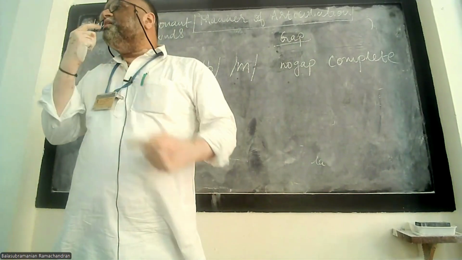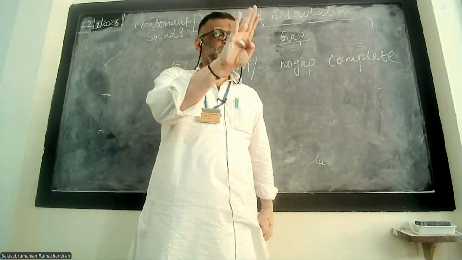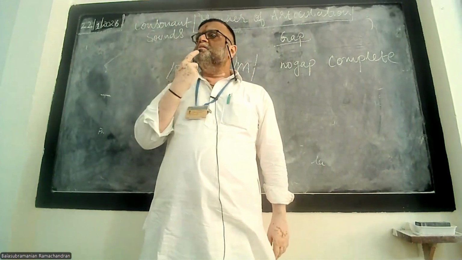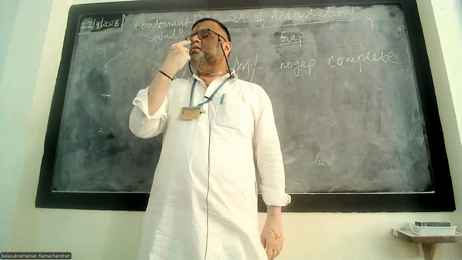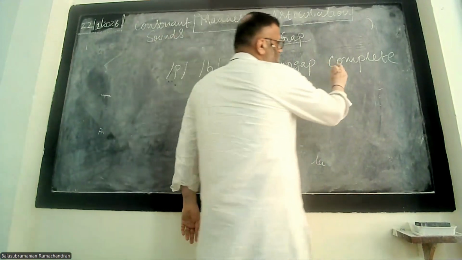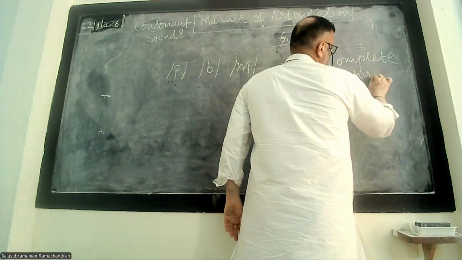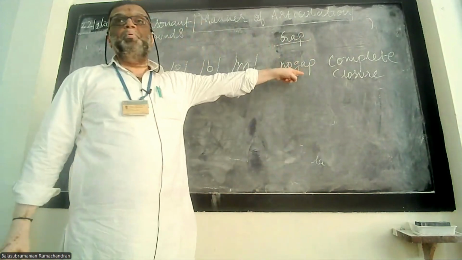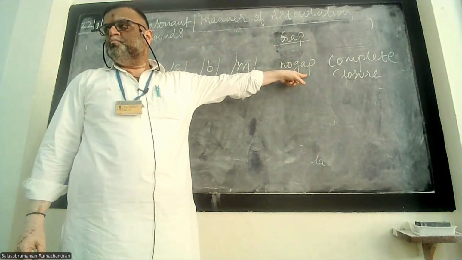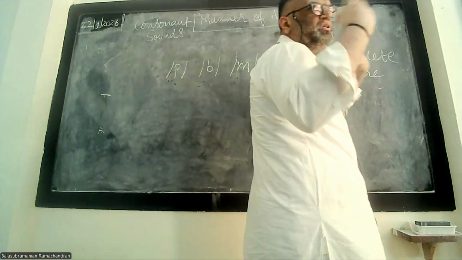We bring these two articulators together. To be very precise, the correct thing to say is the active articulator is brought to the passive articulator. There is complete closure of the articulators. And this we call, let me introduce the term to you.